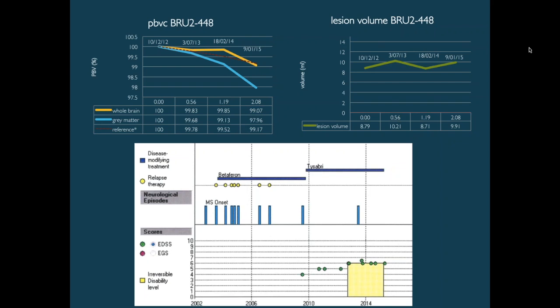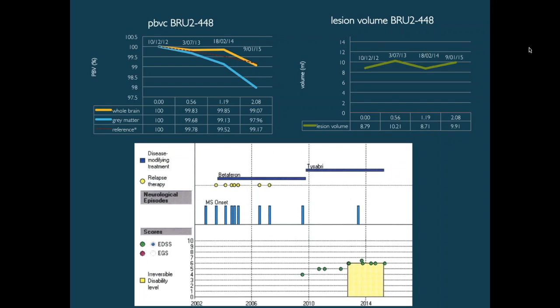You see the percentual change in total brain volume, that's the orange line, and the percentage relative to the baseline measurement, which is placed at 100%, for the gray matter volume, which is the blue line.